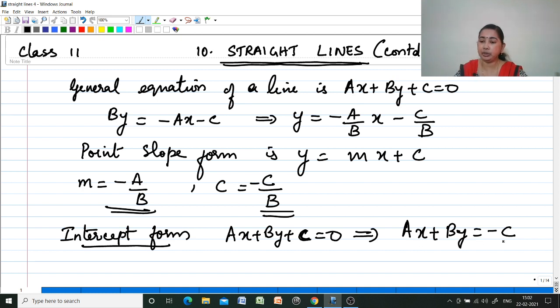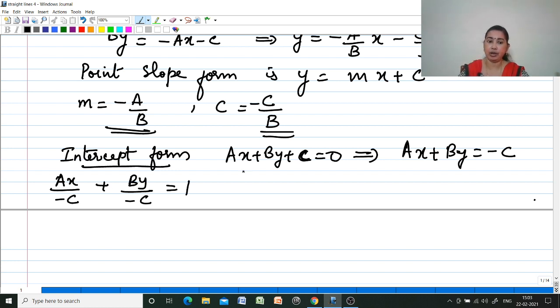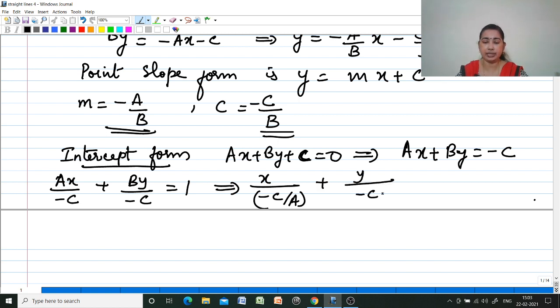Now divide throughout by minus c, because in intercept form we should get it as equal to 1. So for that we can write this as ax by minus c plus by by minus c is equal to 1, or x by minus c by a plus y by minus c by b is equal to 1.